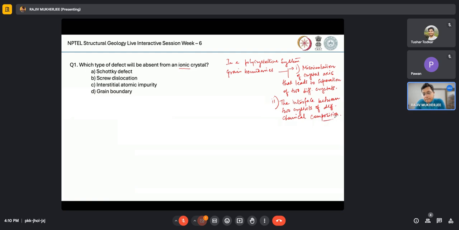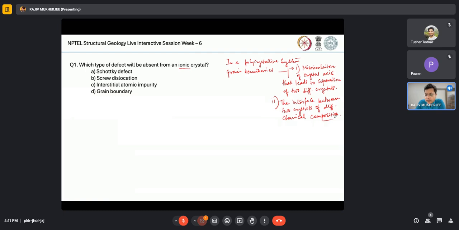So the misorientation and the presence of another phase both can lead towards the development of grain boundary, and that is quite normal in both non-ionic, covalent, and ionic crystals.